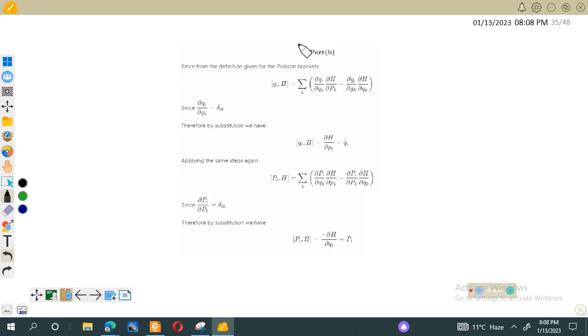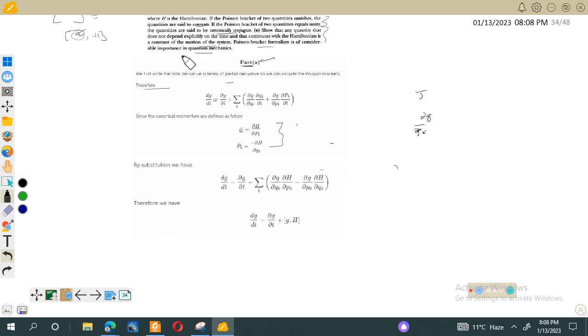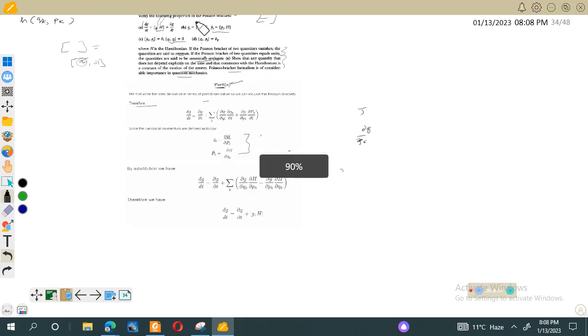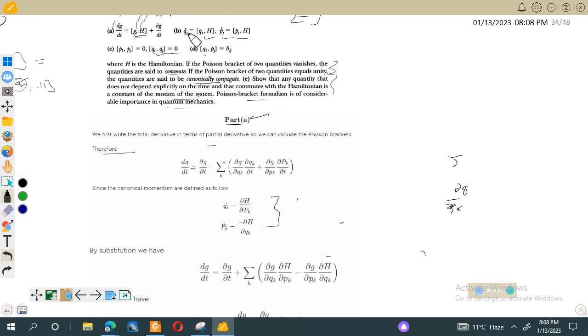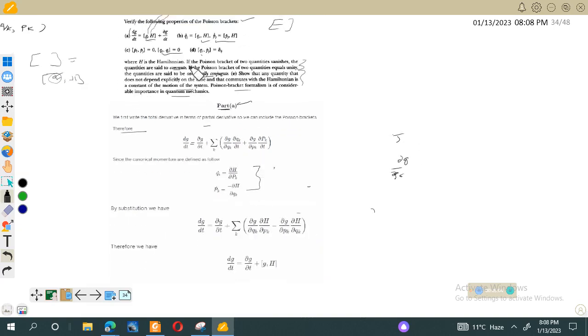Similarly for part B, we have to prove that qj dot is equal to qj and h, and pj dot is equal to pj and h. We have to prove these results.